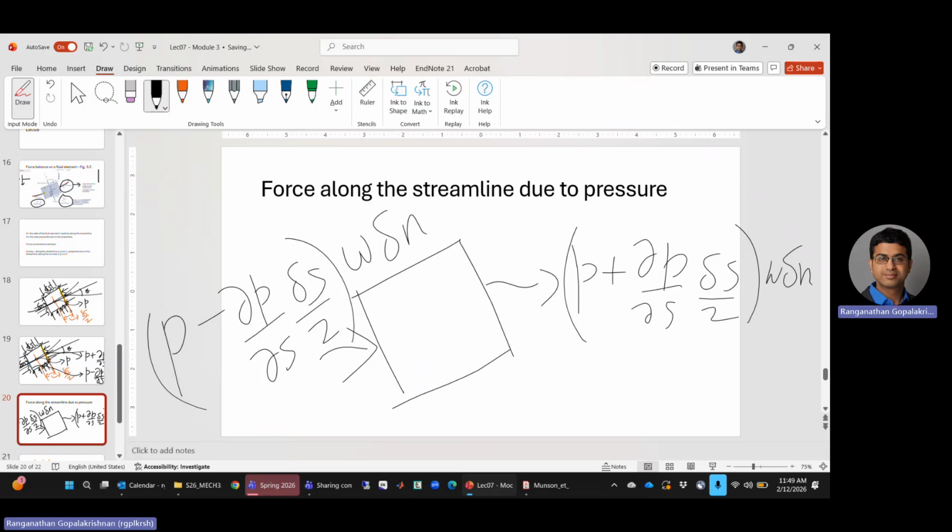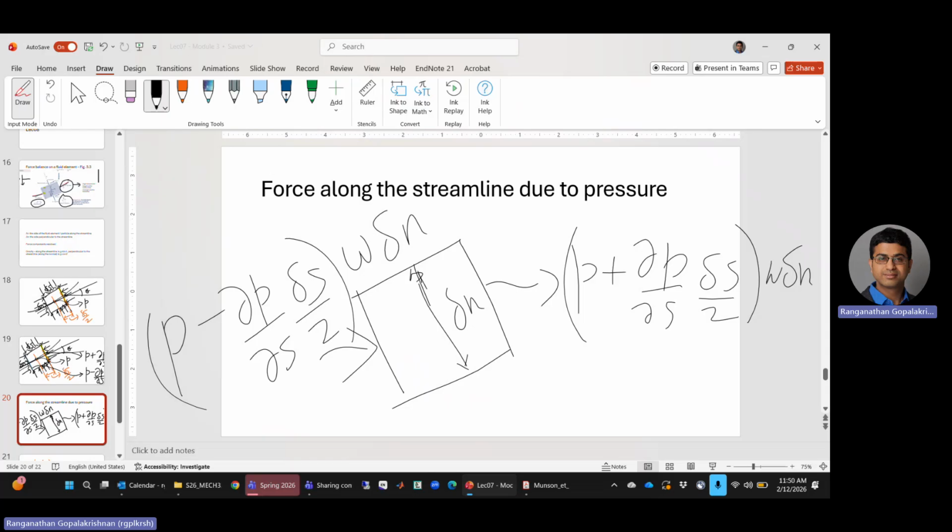So this distance, the side of the rectangle, is delta N. Now tell me what is the net force on this fluid element along the streamline due to pressure. I have two opposing forces. How will I compute the resultant?